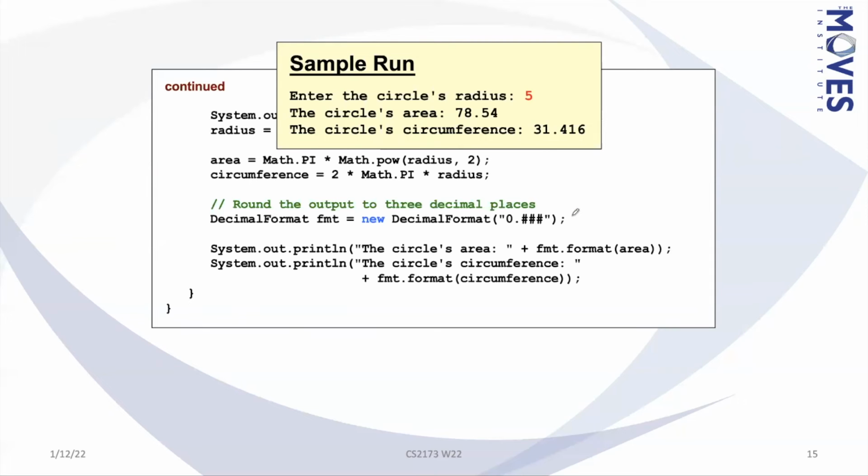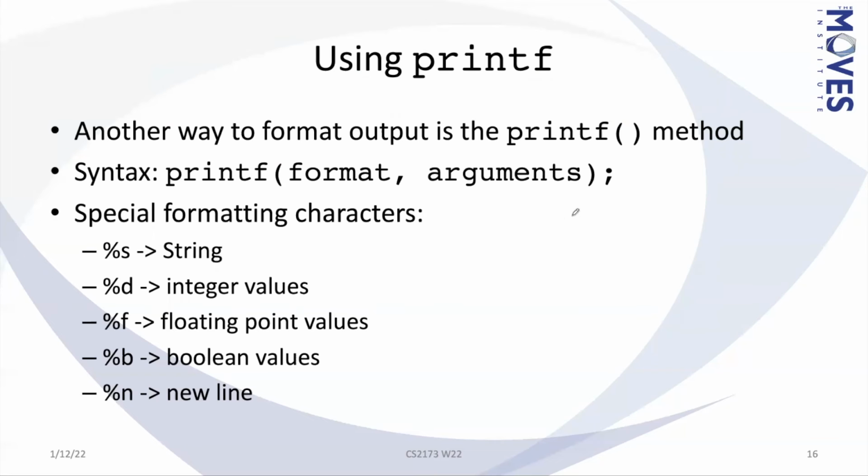After several years of lobbying, they convinced the Java people to have a more C-like way of formatting the output, and that's what this is. So we've been using println up to now, but there's another option called printf, and the syntax is a string which is the format string, and then the rest of it is a list of the different arguments.